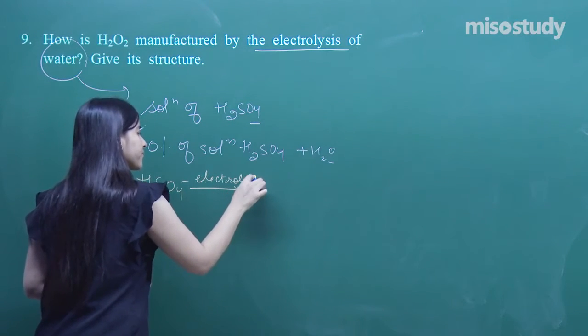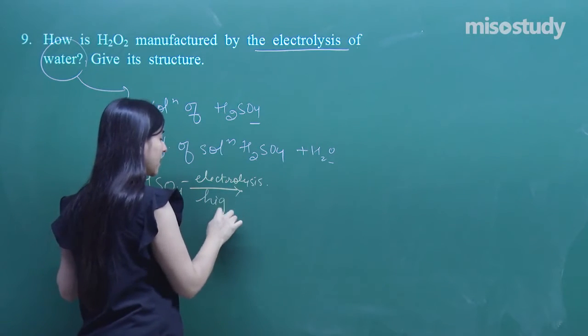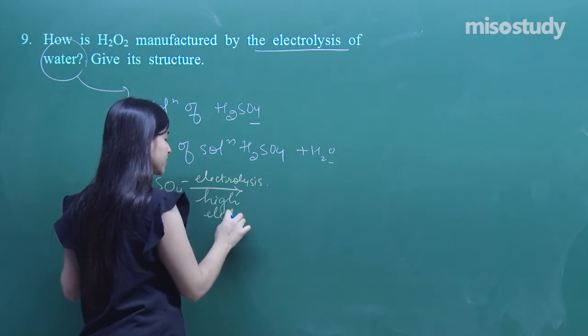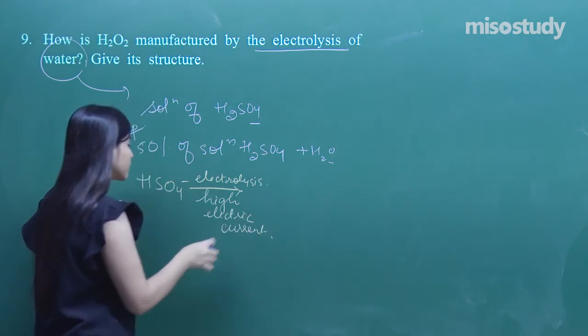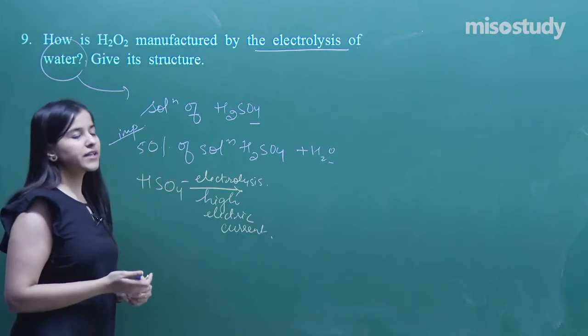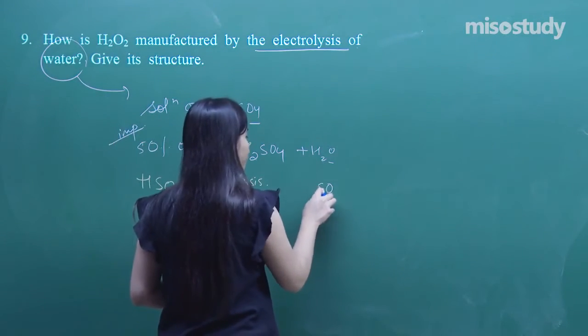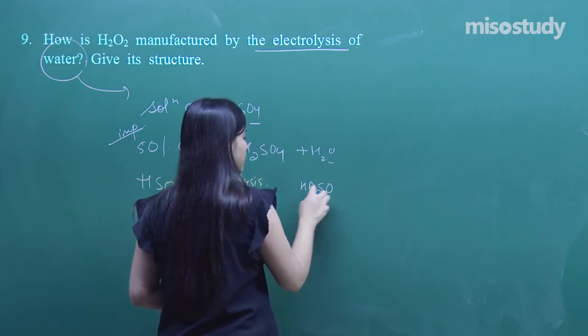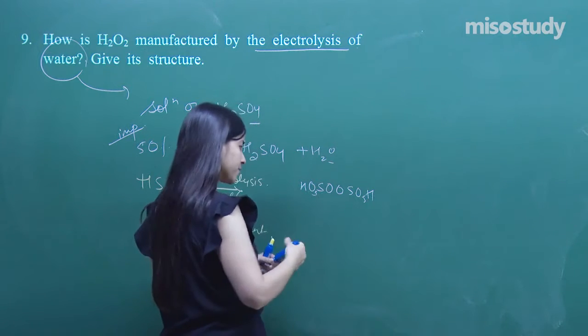Electrolysis, it's high current density, so we have passed a high electric current through it, and after that what do we get? We get over here peroxodisulfuric acid, right. So it's HO3SO-OSO3H. What is this?